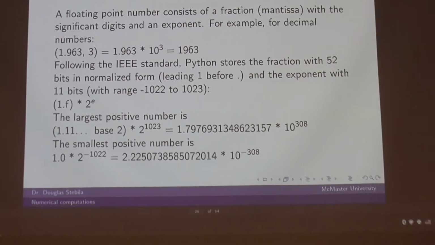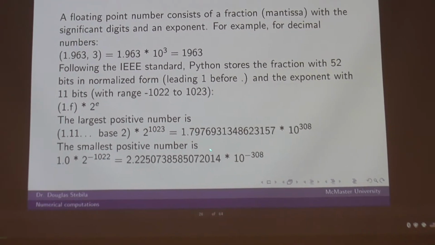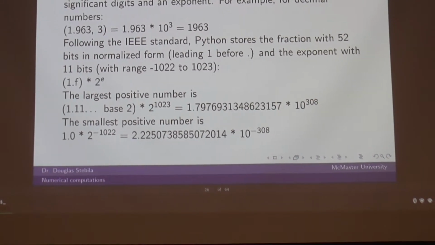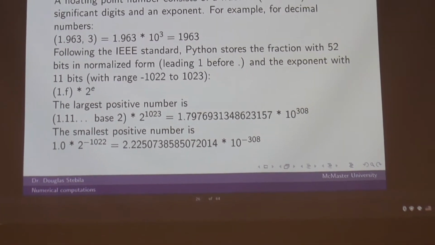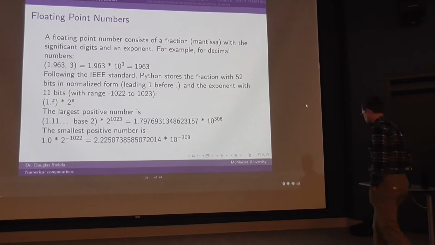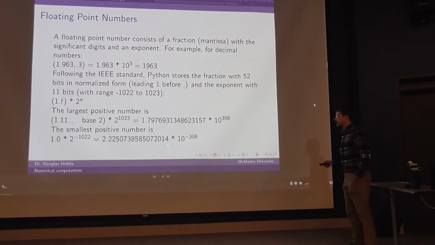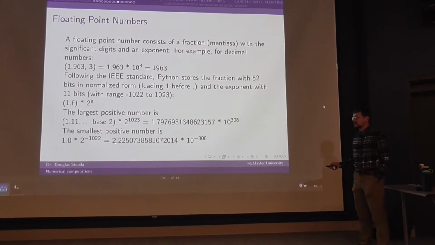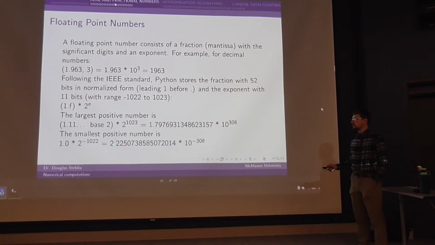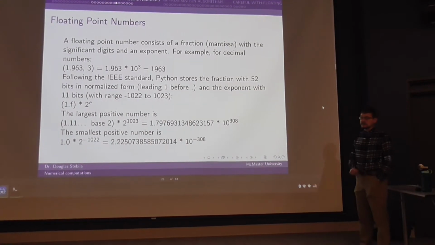This means that the largest positive number that can be represented is approximately 1.8 times 10 to the 308th power. You cannot represent numbers larger than this using standard floating point math. And the smallest possible positive number is 2.2 times 10 to the negative 308.